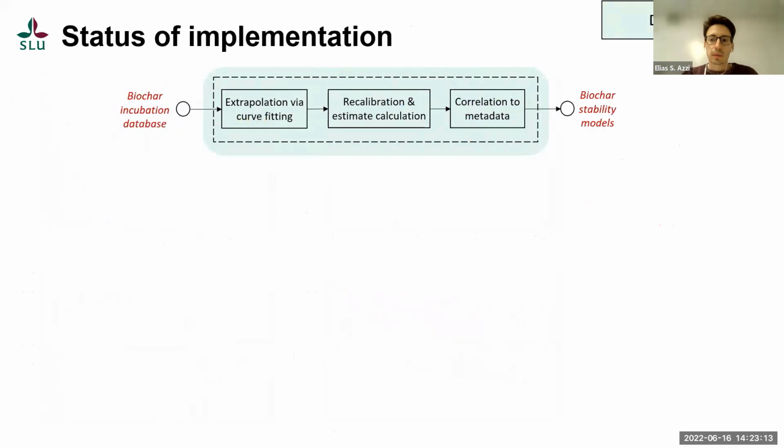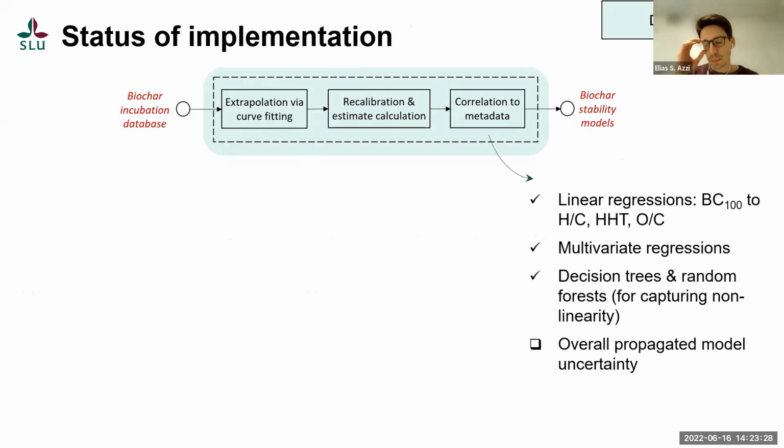So moving on to the data analysis part now, the second part of my work. I'm just going to describe briefly the status of the implementation, because we're not done with this part. And I will start from the last step. In the correlation to metadata, we have developed code to be able to reproduce the simple analyses that have been done before in terms of linear regressions, comparing the 100-year stability to HC ratio, highest treatment temperature, and organic oxygen to carbon ratio.